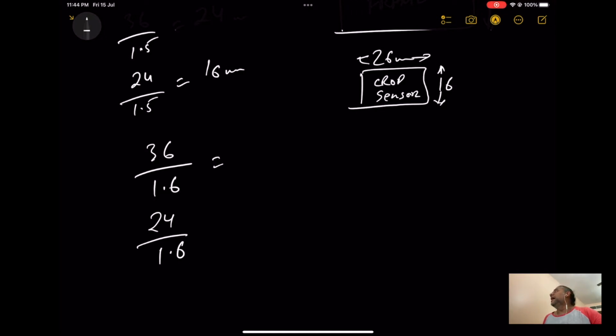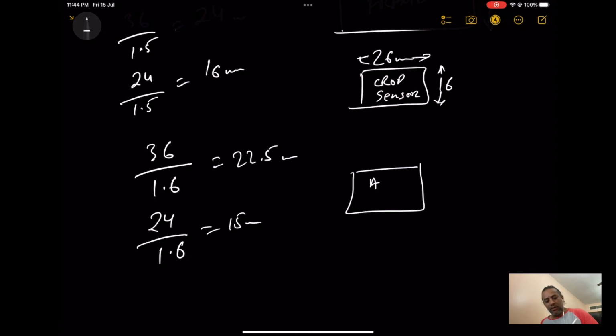So 36 divided by 1.6 is 22.5 millimeter, and 24 divided by 1.6 is 15 millimeters. So the Canon APS-C, or let's say crop sensor, is 22.5 by 15 millimeter.